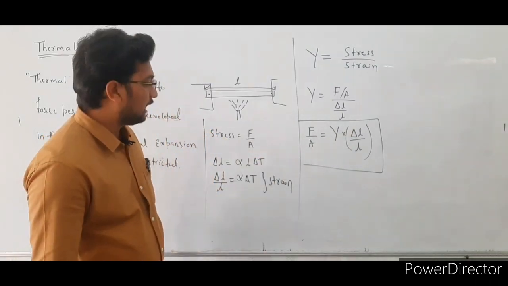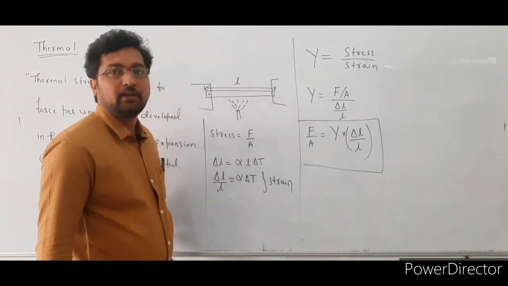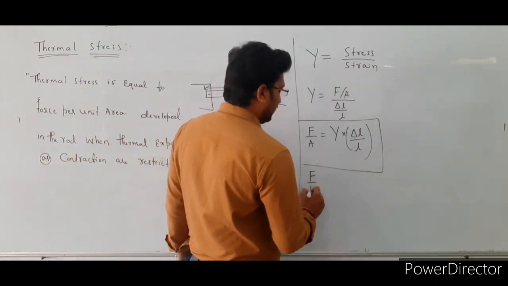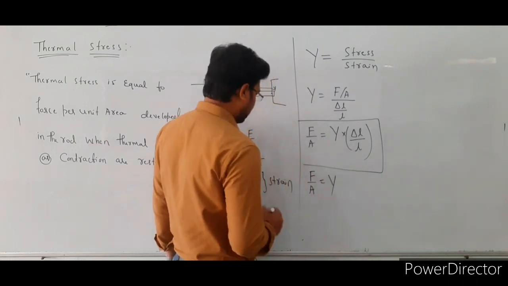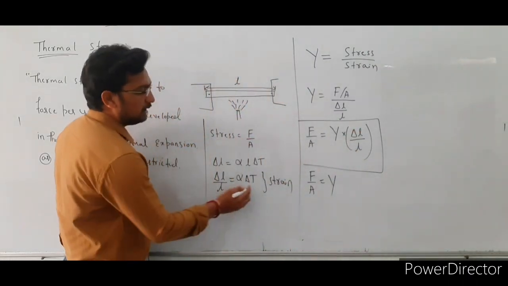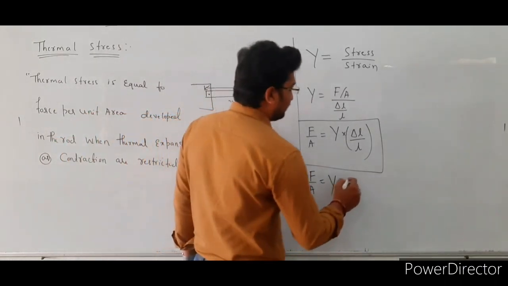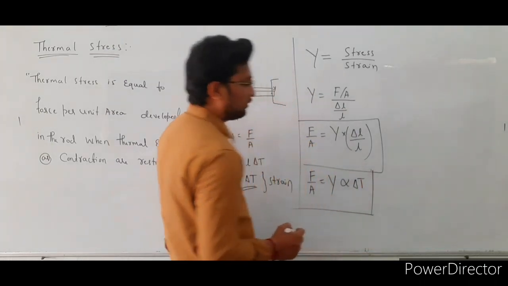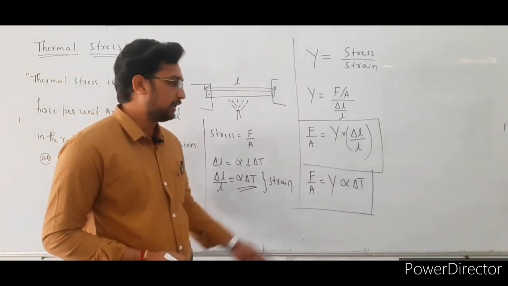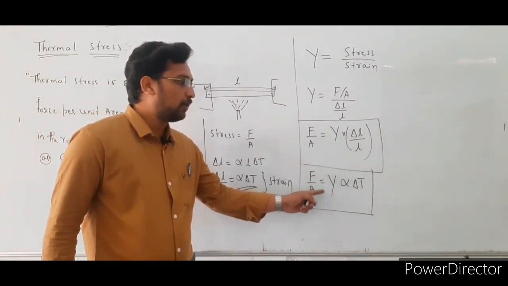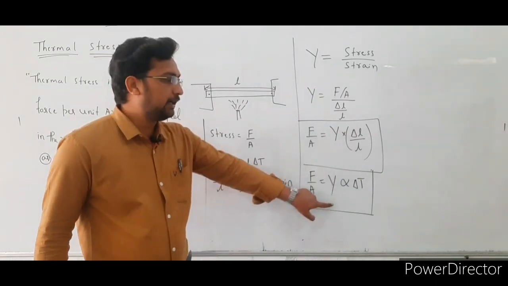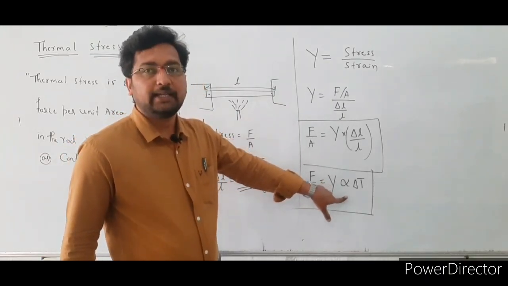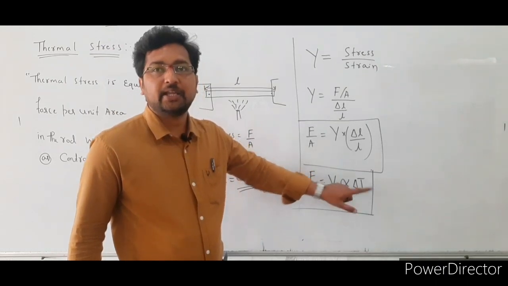We already know that change in length by initial length is alpha into delta T. Substituting here, this is one more formula we use to calculate the stress developed inside the rod: force per unit area is equal to Y into alpha into delta T. Here Y indicates the Young's modulus of elasticity, alpha indicates the coefficient of linear expansion, and delta T indicates the change in temperature.